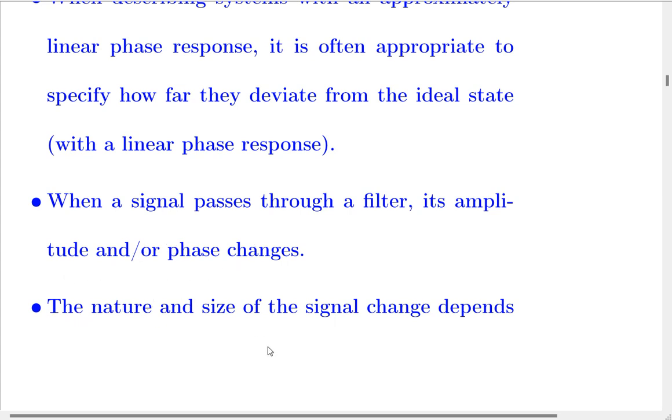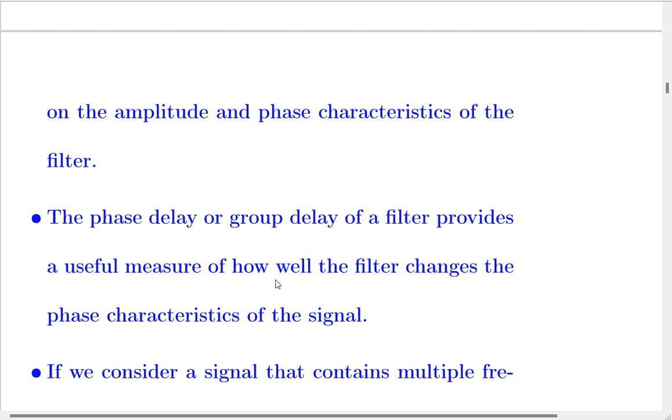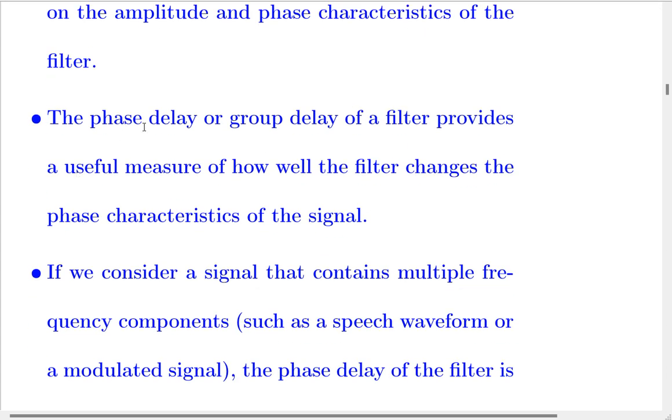The nature and size of the signal change depends on the amplitude and phase characteristics of the filter. The phase delay or group delay of a filter provides a useful measure of how well the filter changes the phase characteristics of the signal.